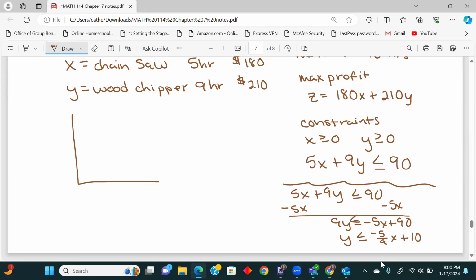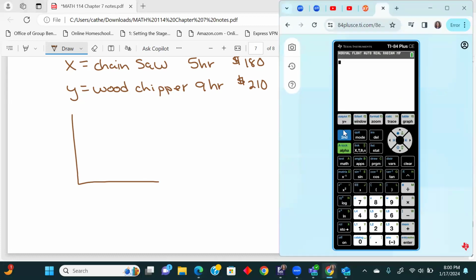So let's put that into the calculator. Y equals negative 5/9 X plus 10. I guess we can graph it. It makes a little triangle. So we do see we have an x-intercept and a y-intercept. In the table, we have 0, 10 and 18, 0.